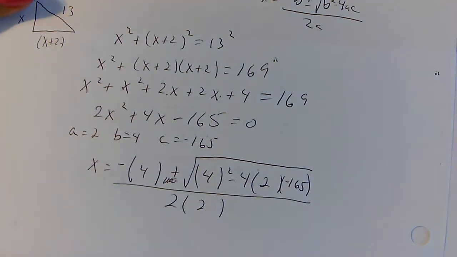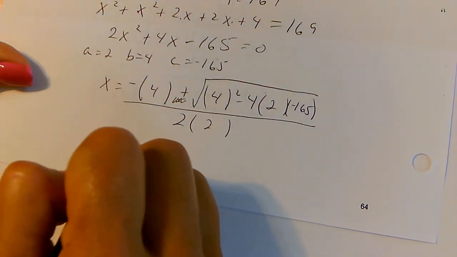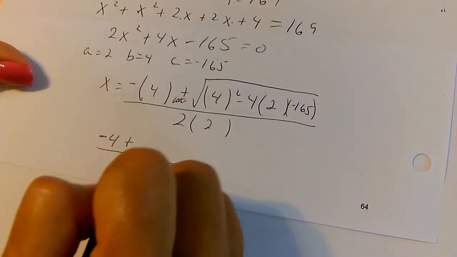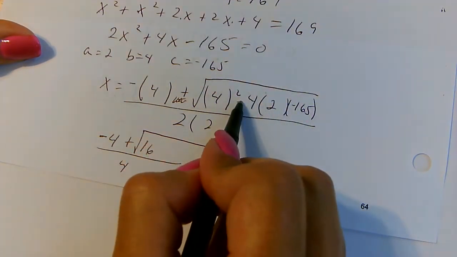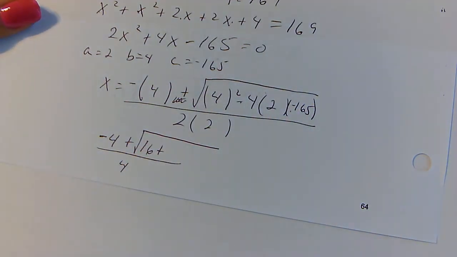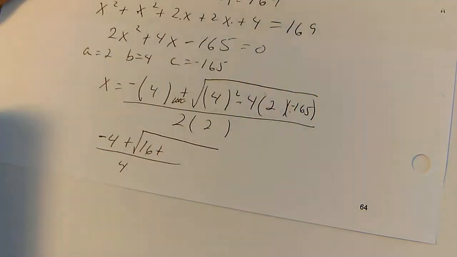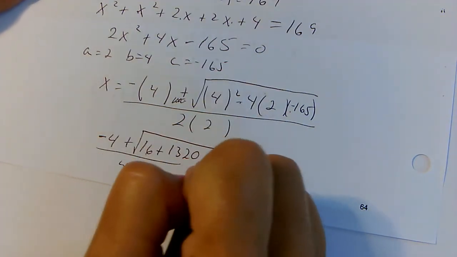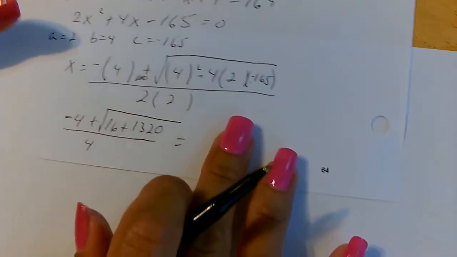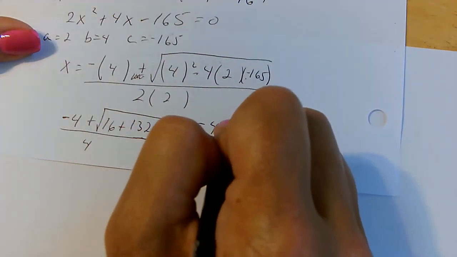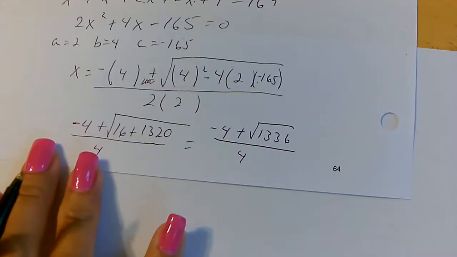Again, a measurement. I don't need the negative one. Negative 4 plus over 4. 16. This will be positive. 4 times 2 times 165. 1320. Alright, so let's just solve for x.